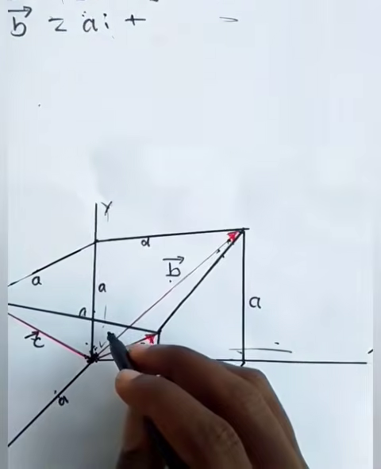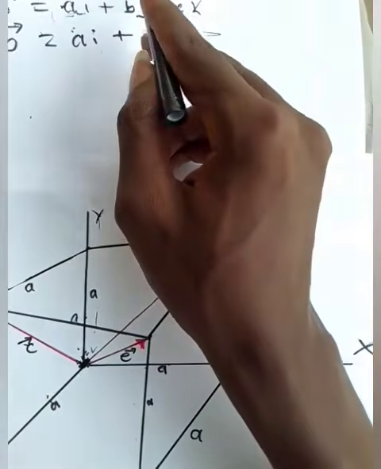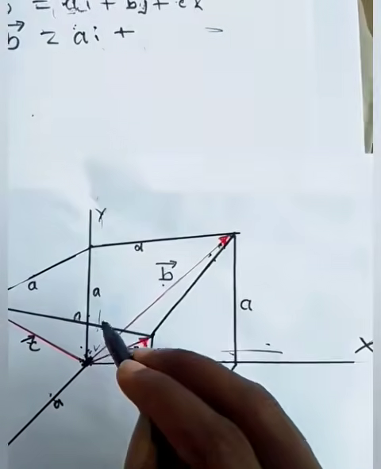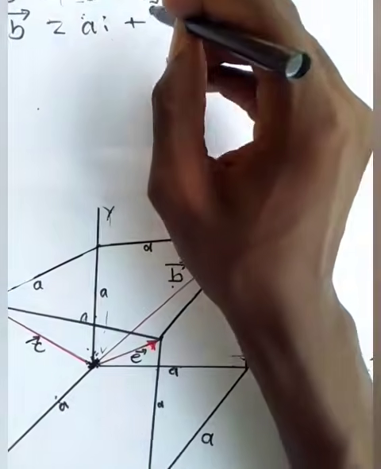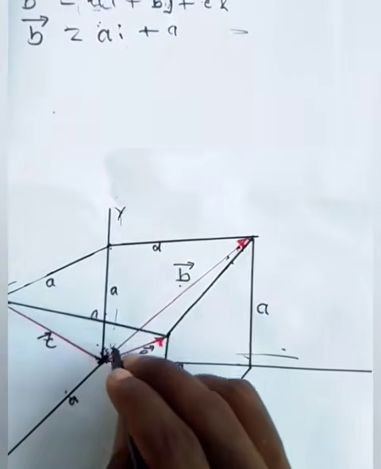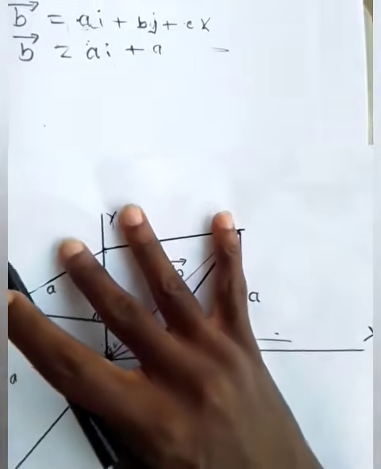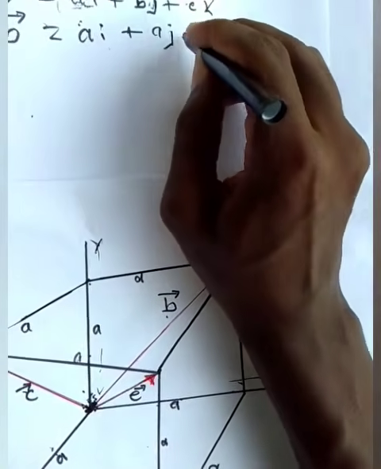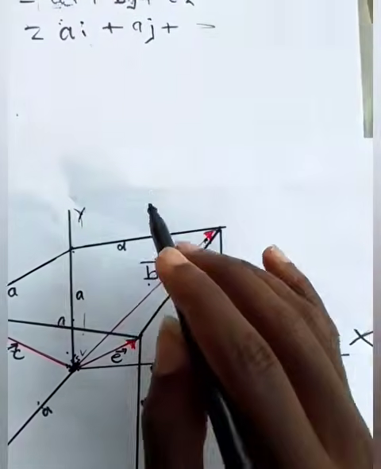We come to the B. We go to the y-axis. So the component in the y-axis is what? It is also A. I'll still put A because it's the distance from here to here in the y-axis. So I'll simply say Aj plus, we go in the z-axis.